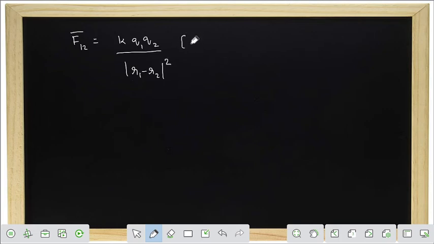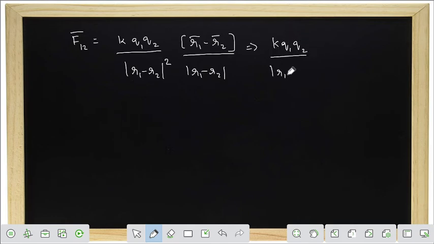In place of r cap I can write r1 bar minus r2 bar divided by modulus of r1 minus r2, which finally gives me K Q1 Q2 divided by modulus of r1 minus r2 whole cube into (r1 bar minus r2 bar). This is how we get that formula.